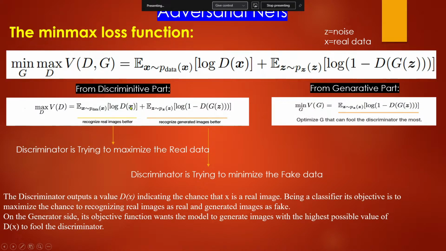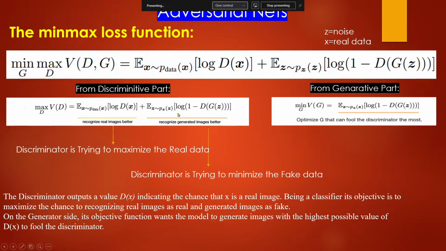And I will also show the algorithm, what this actually means. I will also simplify it in my later part, so just take this brief idea. The discriminator is trying to maximize on the real data from here, and the discriminator is trying to minimize on the fake data, because here the input is going to come, and then the discriminator will decide whether it's fake or not.